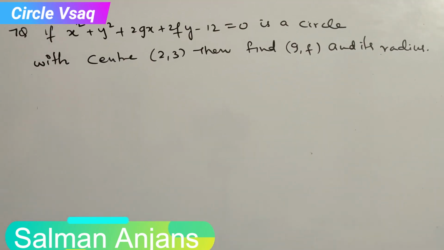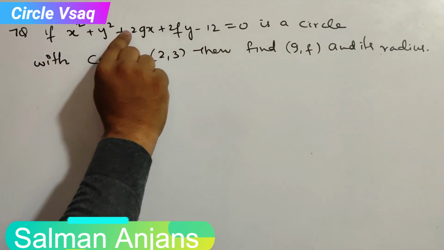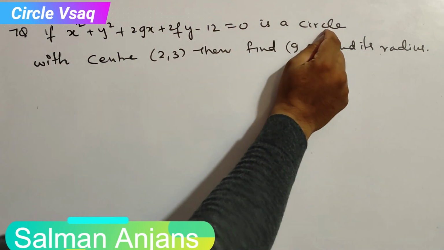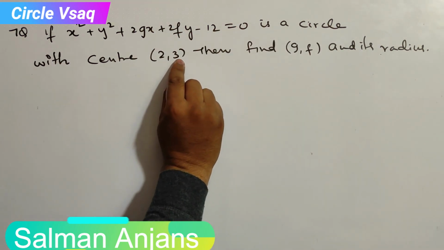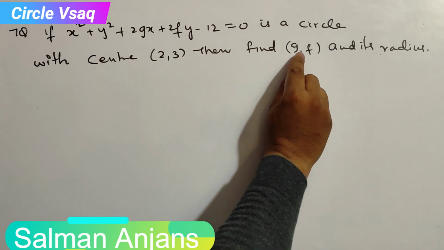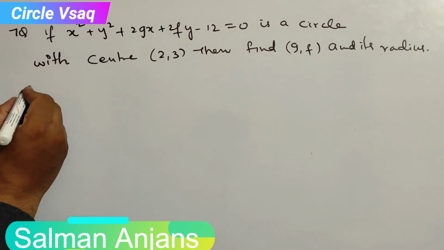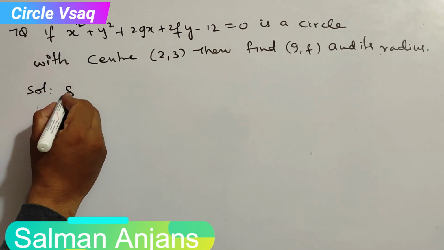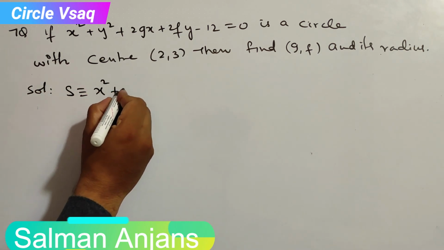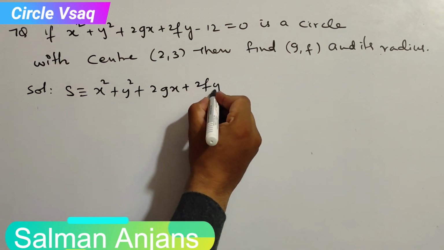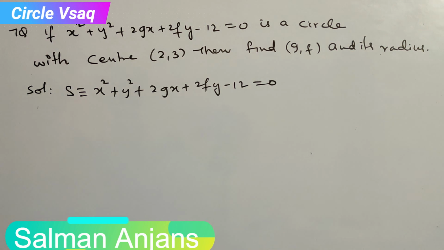Now seventh question is, if x square plus y square plus 2gx plus 2fy minus 12 equals 0 is a circle with center 2 comma 3, then find the value of g comma f and its radius. First write down the given circle, that is S equals x square plus y square plus 2gx plus 2fy minus 12 equals 0.